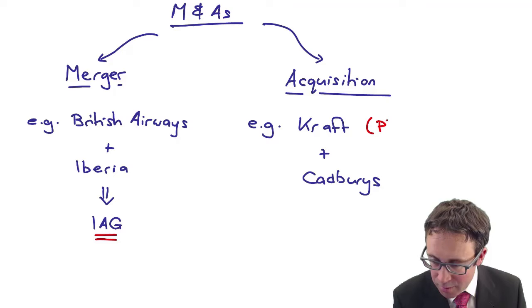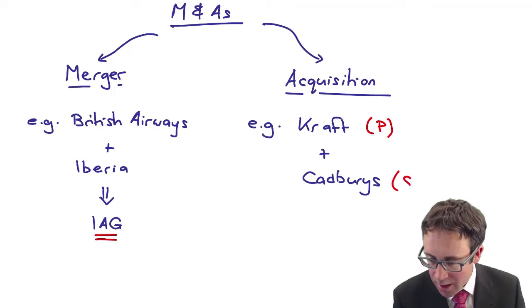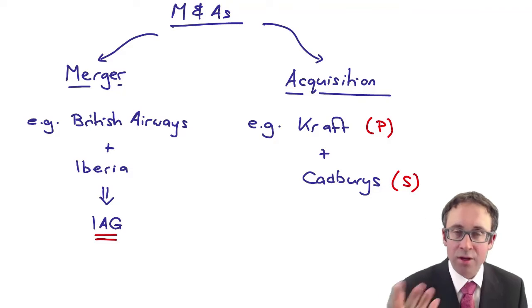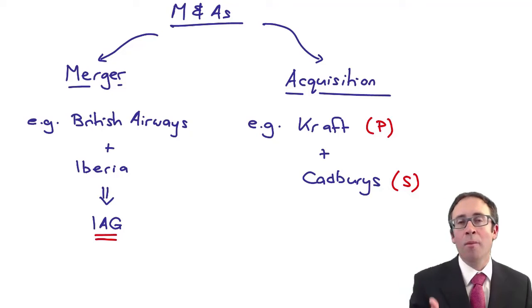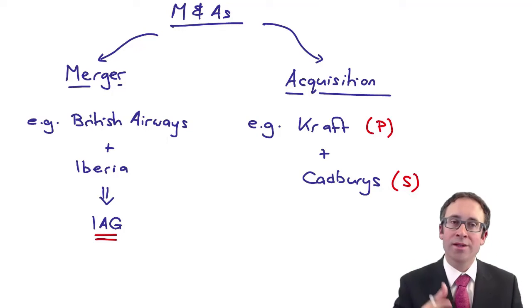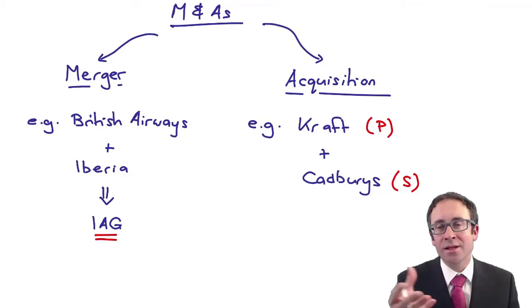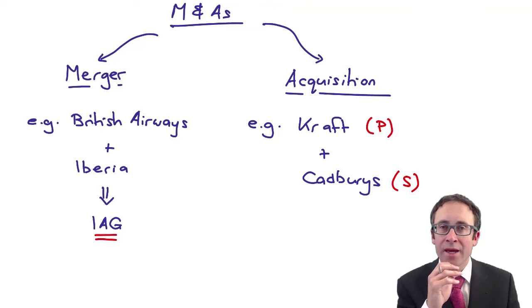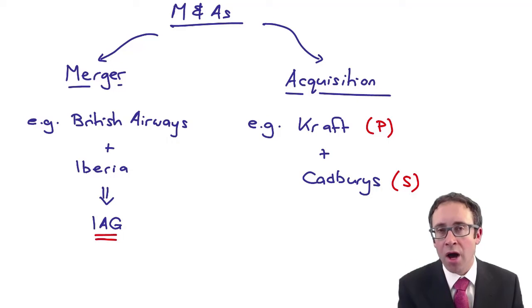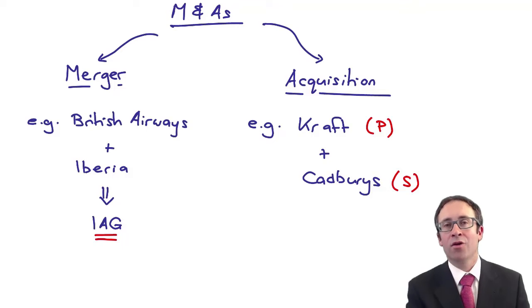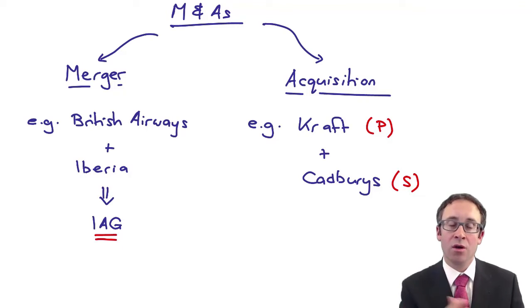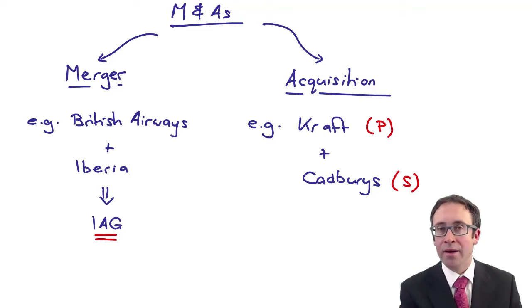Kraft is the parent company, Cadbury's is the subsidiary company. Cadbury still operates as its own legal entity in the UK. It is just governed and run by the Kraft business and the Kraft shareholders, which are based in America.